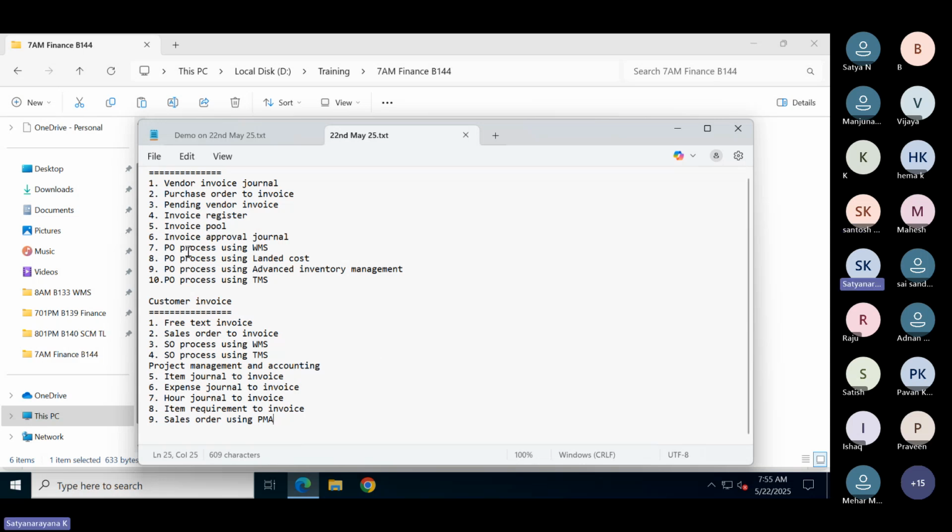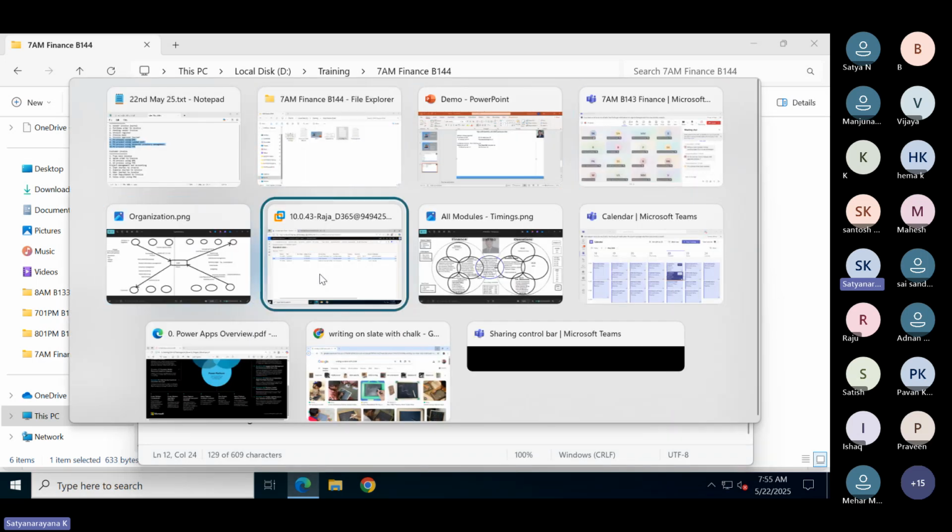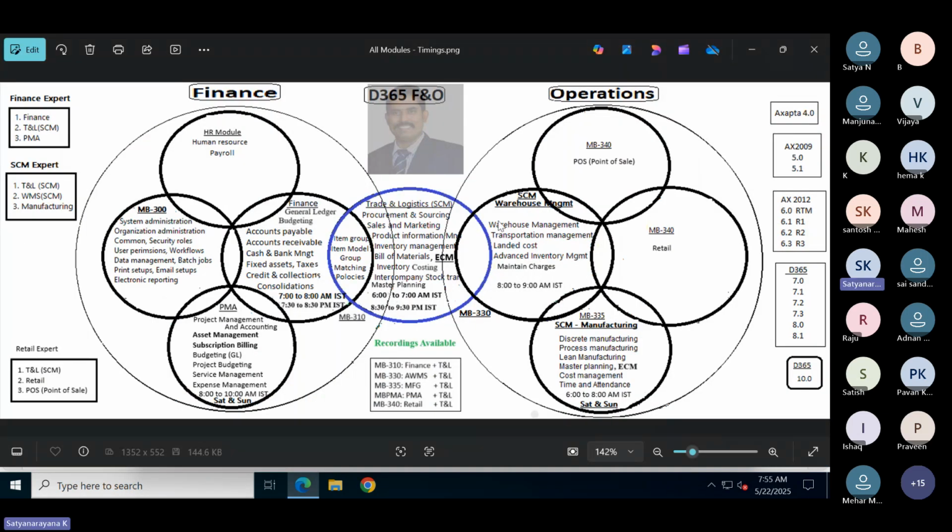These are not in depth. You are just going to learn the high level picture, because WMS, TMS, landed cost, and advanced inventory management are separate courses.